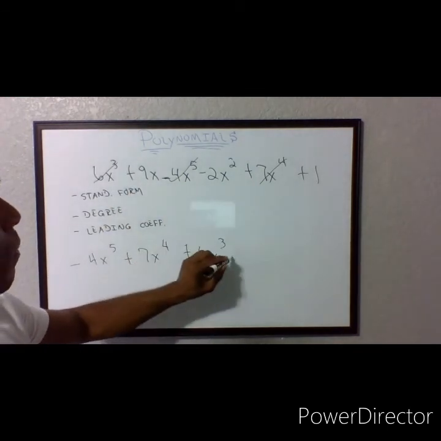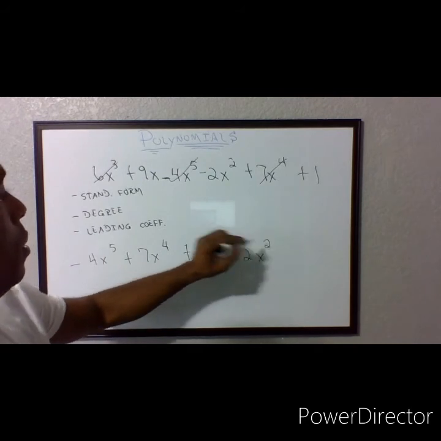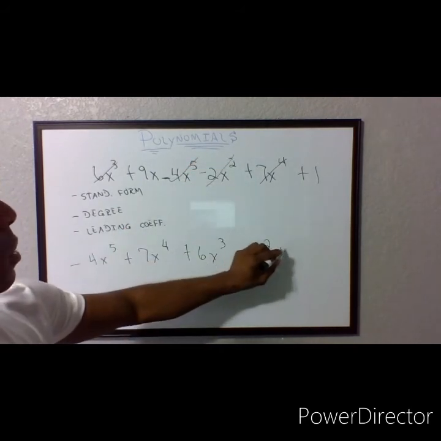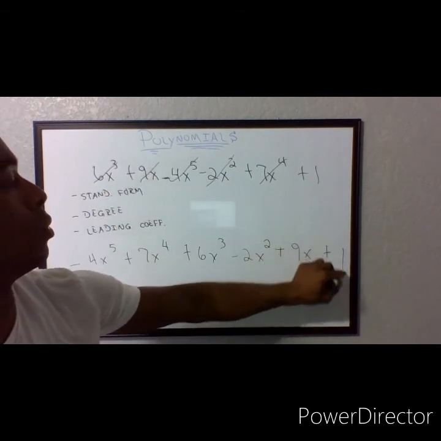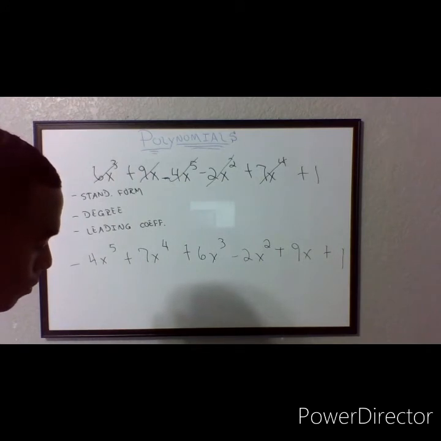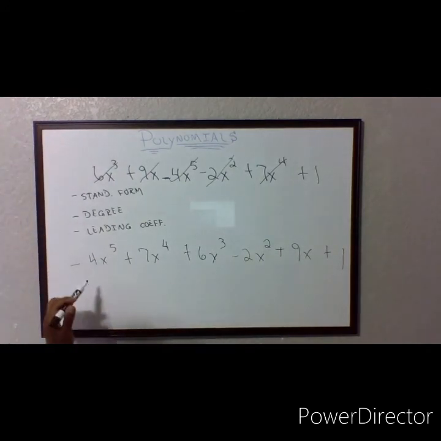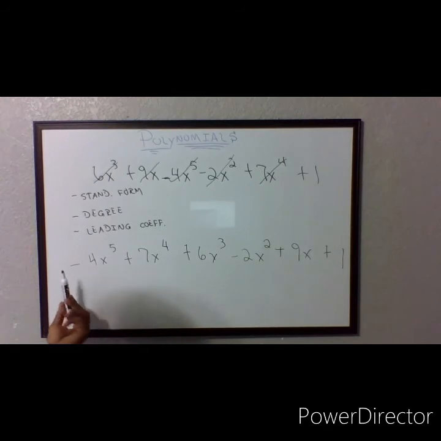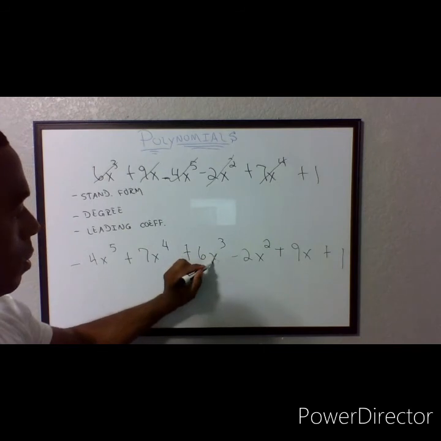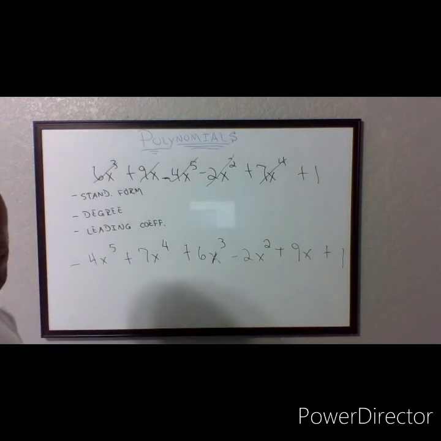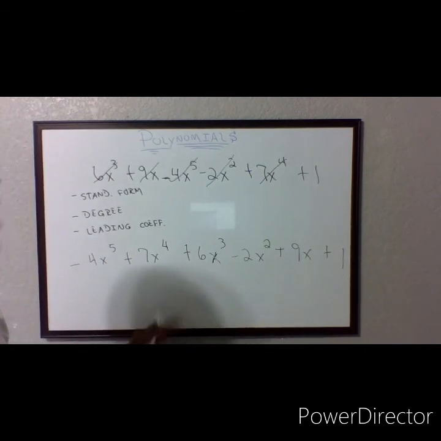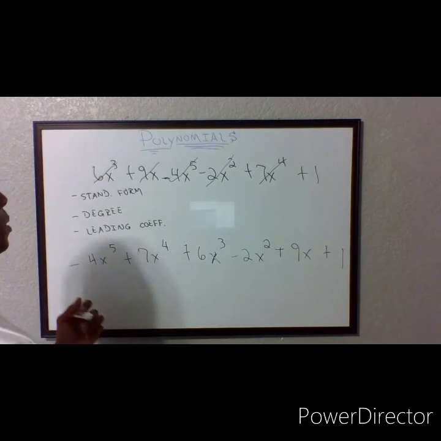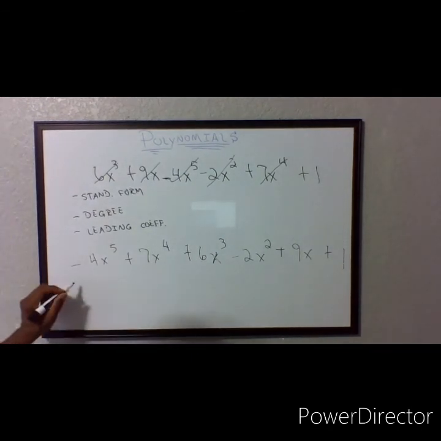And then we have degree 2, negative 2x squared, plus 9x, plus 1. So here we have it written in standard form: negative 4x to the 5th plus 7x to the 4th plus 6x cubed minus 2x squared plus 9x plus 1. If you have it like this, congratulations. Good job.